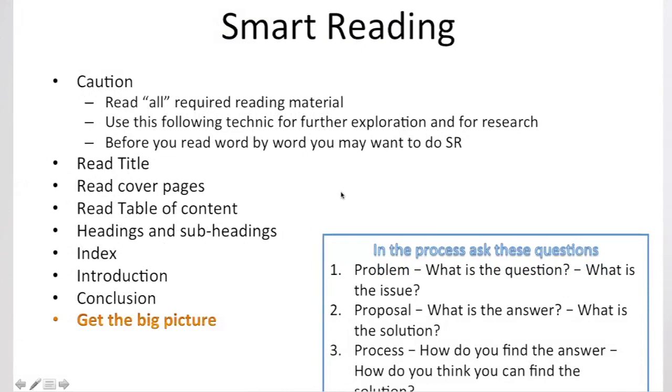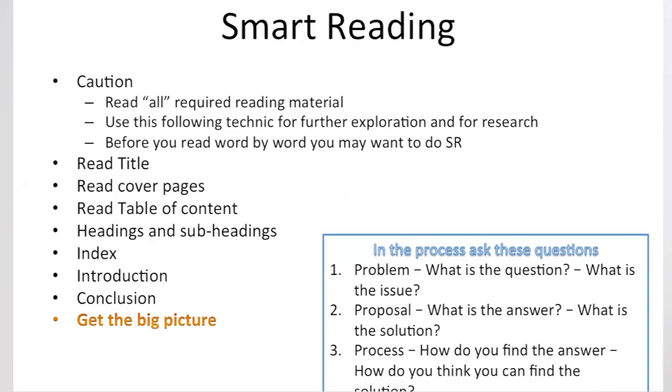A few more things, then we are free to go. Then you read the introduction and the conclusion of a book or of an article. By now, you should be able to get the big picture of what the article or the book is about.